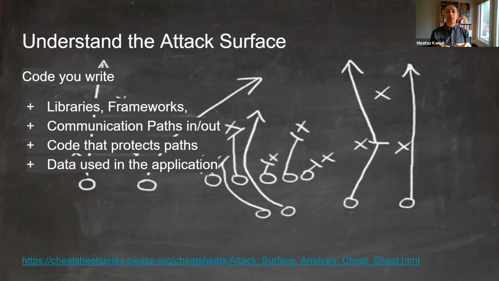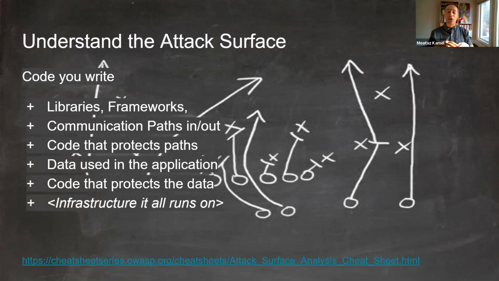So data is a very key asset in an application, and that's part of the attack surface that you want to protect. And then the code to protect the data. And finally, as I mentioned, the infrastructure, all the infrastructure that it runs on, whether you're in a cloud service or whether you're running VMs locally, all of that is part of the attack surface.